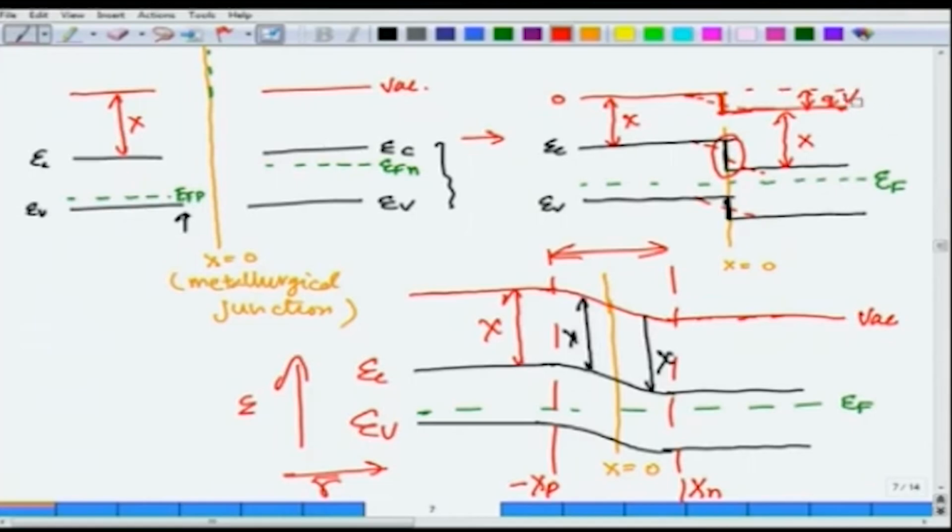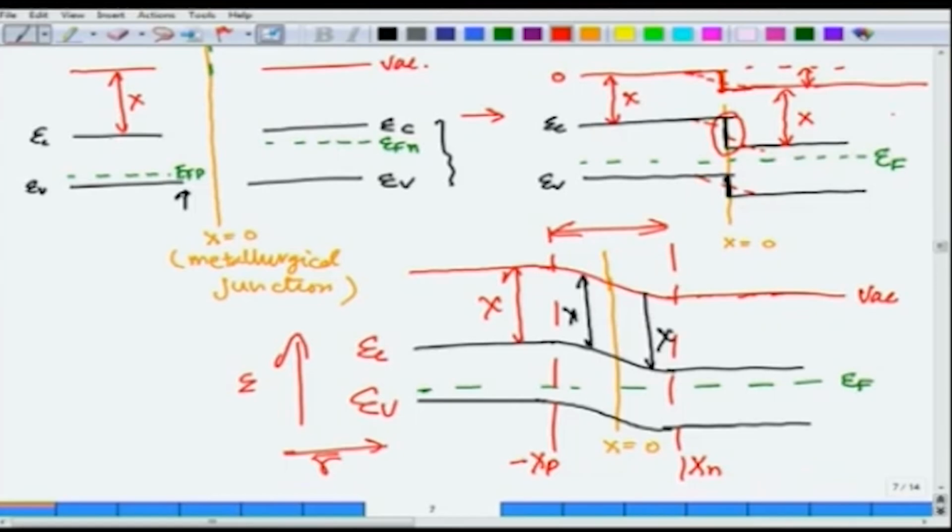Let me remove this vacuum level right here. So this is right here. This is the vacuum level. I am talking about this energy, which is often written as Q times VBi, the built-in voltage.